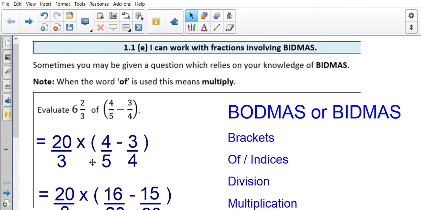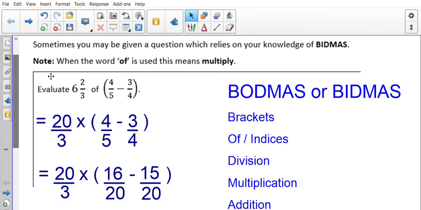But in terms of actually dealing with the sum, I know I must deal with the bracket first. So these fractions here, 4/5 minus 3/4. When you're adding or subtracting fractions, remember you need the lowest common multiple, because the denominators must be the same. The lowest common multiple of 5 and 4 is 20.